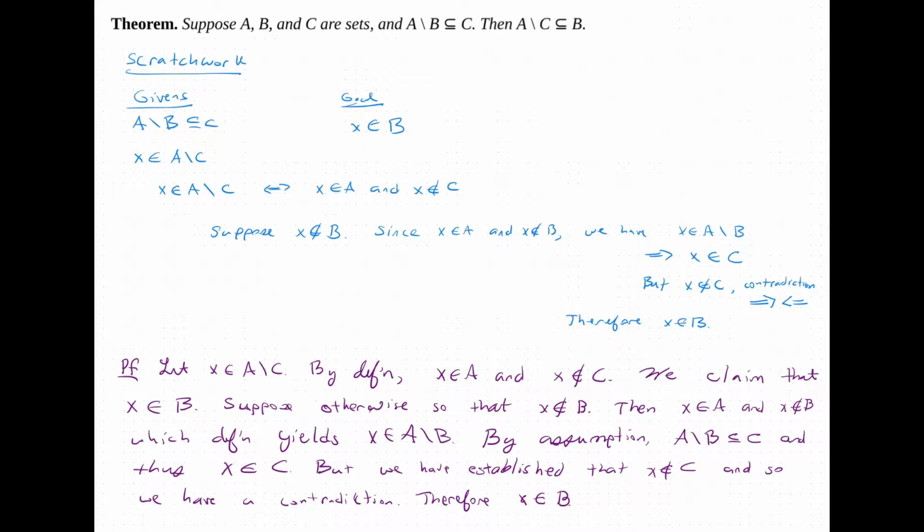Because now we have that our X is in A minus C, and we have shown that X is in B, and so consequently A minus C is a subset of B, which concludes the proof, and we're done. And so we are done with the proof for this.